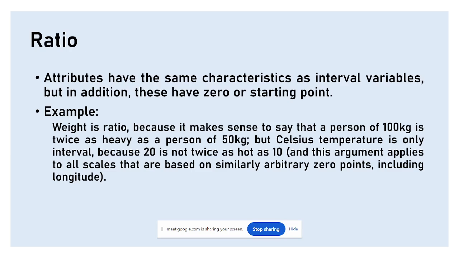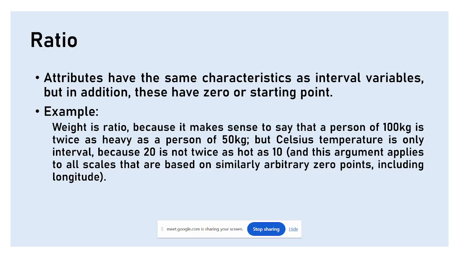Then we are discussing ratio. So that is basically attributes that have the same characteristics as interval variables, but in addition these have a 0 or starting point. It's kind of like interval variables, but here we have a 0 or a starting point. It's not like you're randomly taking two numbers.